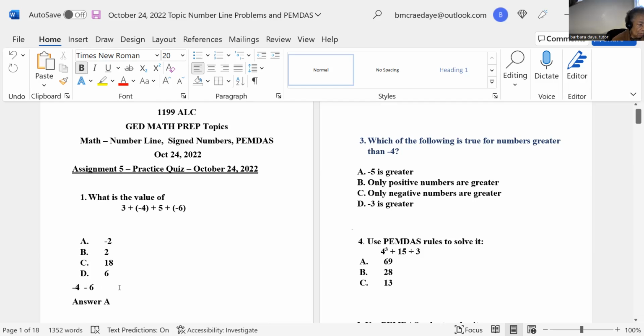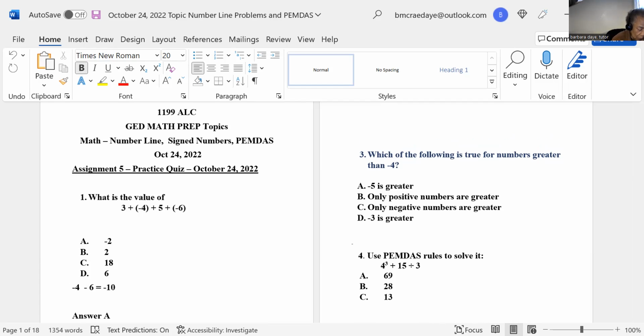And that's equal to, because when you add two negatives, you get a negative, right? So that's equal to -10. Now the positive numbers are the 3 and the 5.